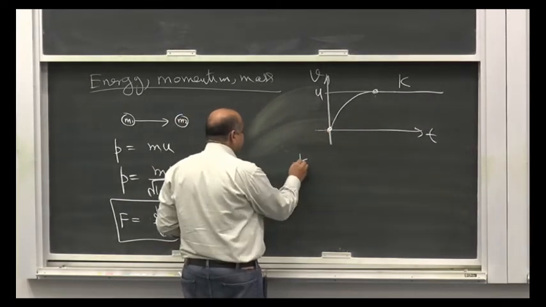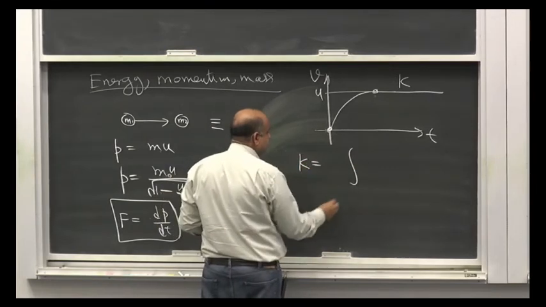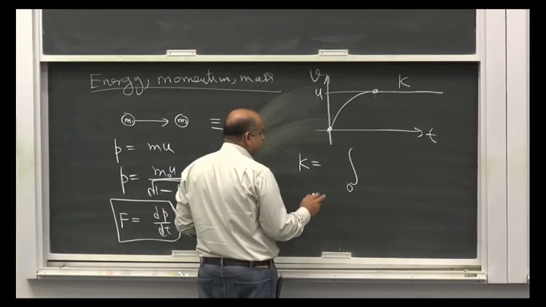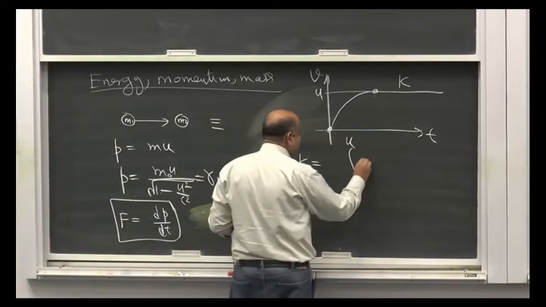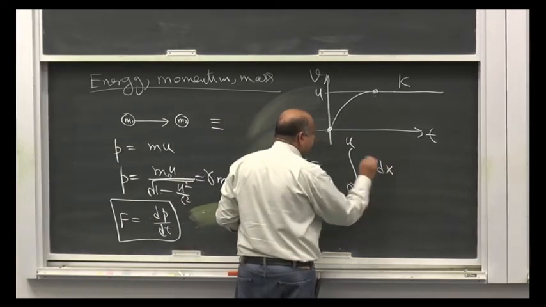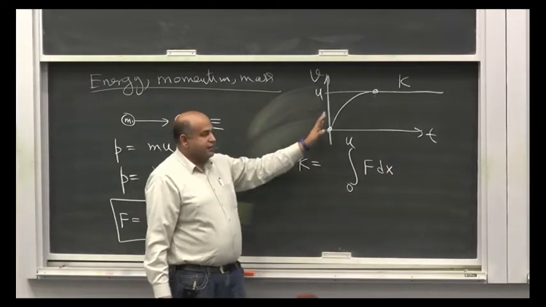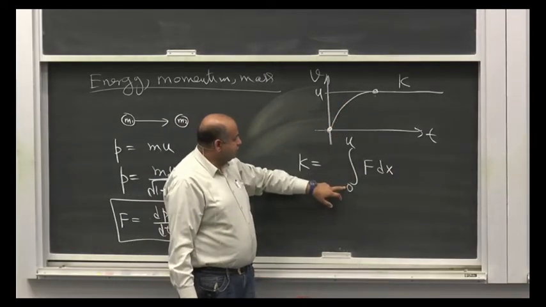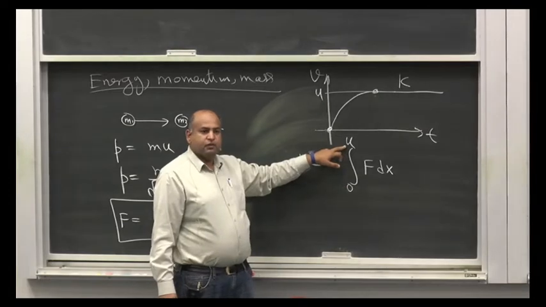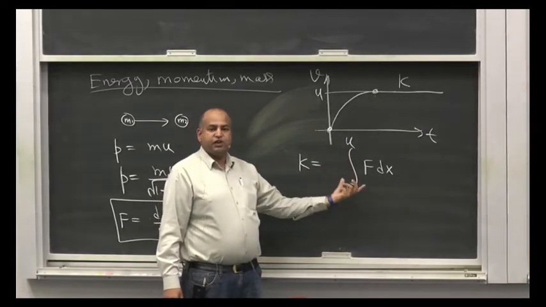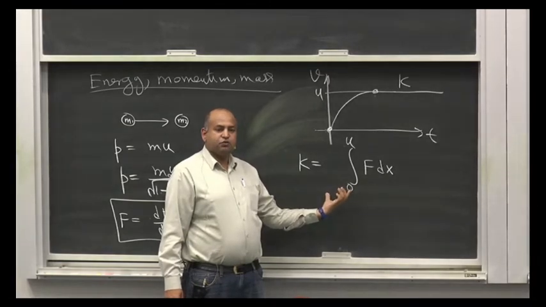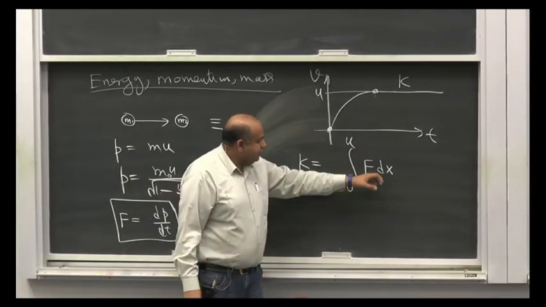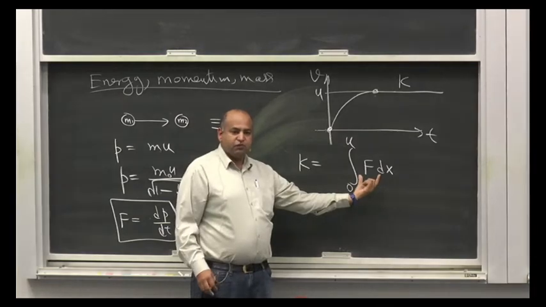So the kinetic energy is: I'm starting from 0 velocity and going to velocity u, and I am finding the total work done on the particle in taking it from 0 to u. Is there anyone who is not comfortable with this equation? So this F dx is the amount of work done.